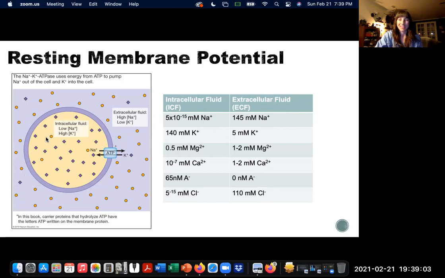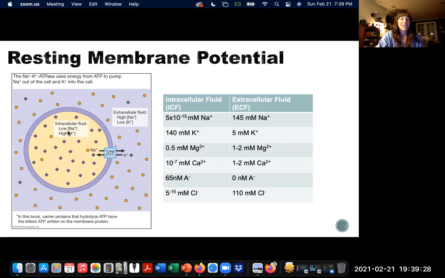So imagine this being like the axon. If you snipped an axon and then looked down that tube, this is what you would be seeing. You'd be seeing more positive ions, namely sodium here, and fewer negative ions out here, and lower positive ion concentration inside of that axon, okay?